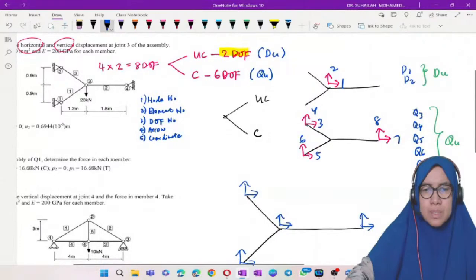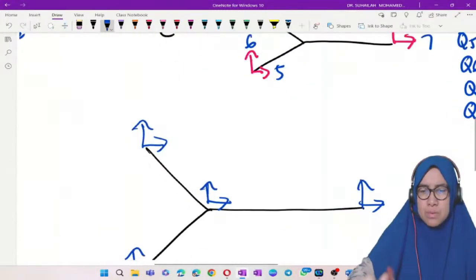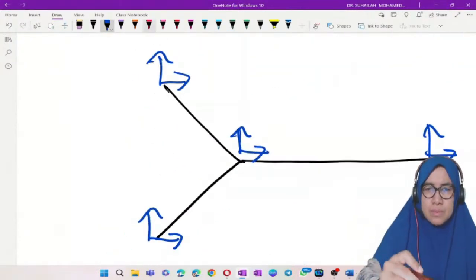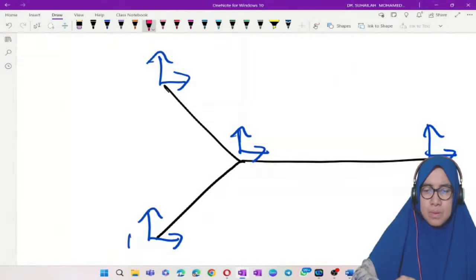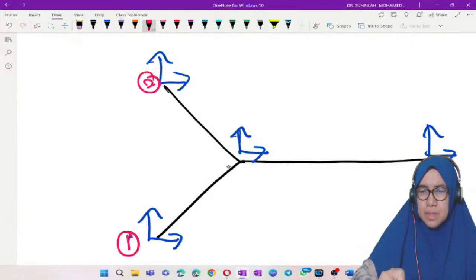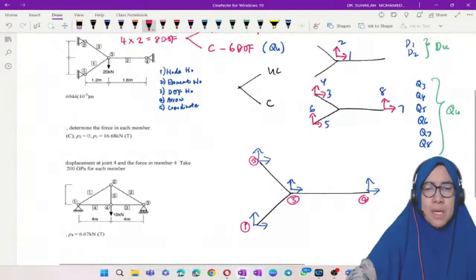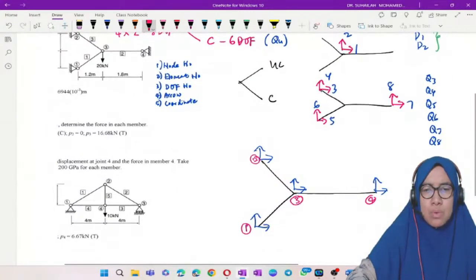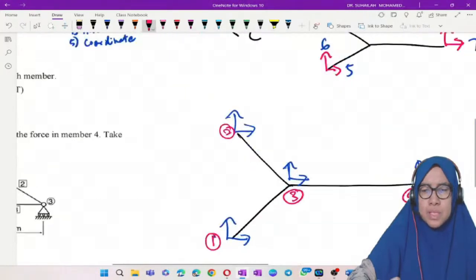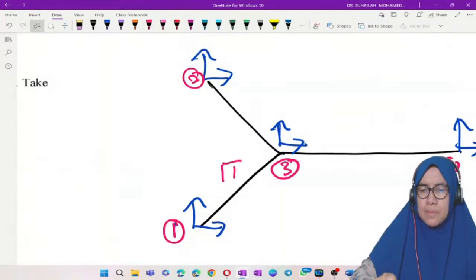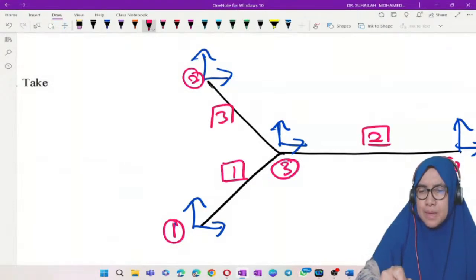Node number 1, 2, 3, and 4. Okay, element 1, element 2, element 3.